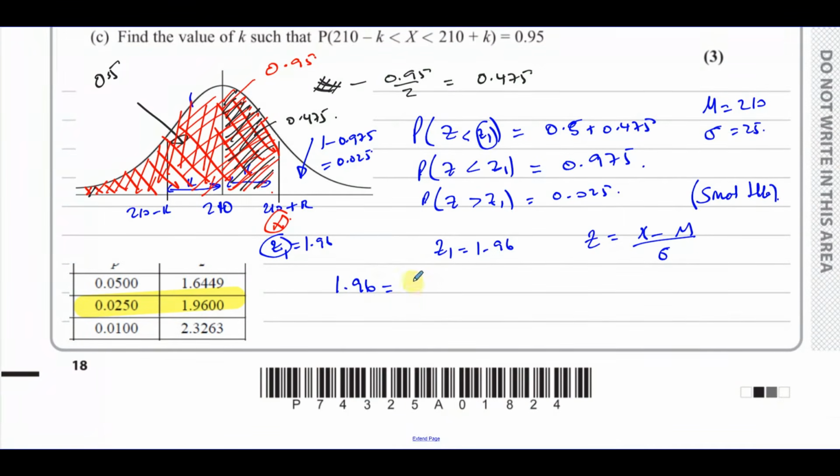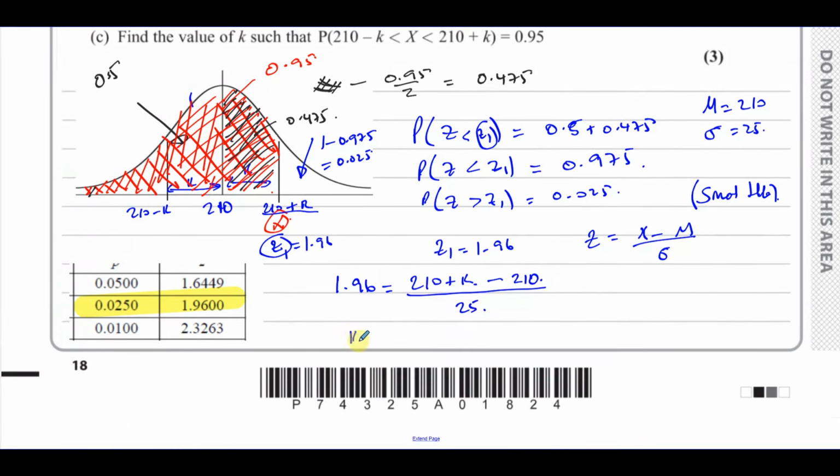In fact, x is actually 210 plus k, sorry, that is x, minus the mean, which is 210, over the standard deviation, which is 25.